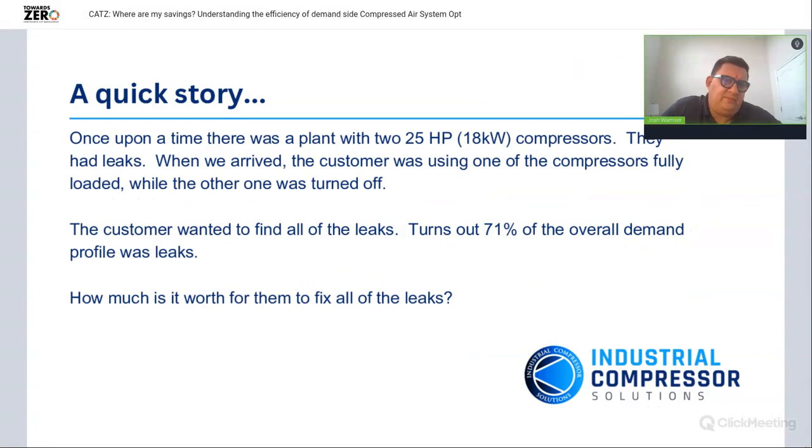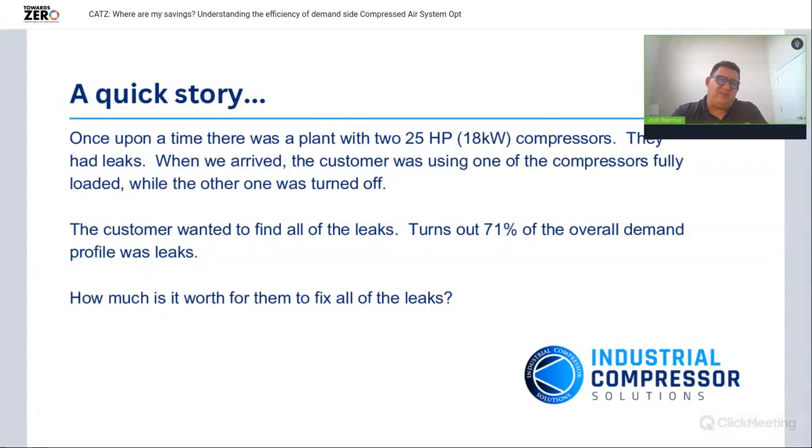So, a quick story. We went to a facility that had 225 horsepower compressors. They had a high percentage of leaks, and the customer was using one compressor fully loaded. When we came in that day, the second compressor was turned off, which is not the normal, but it was turned off at that time.